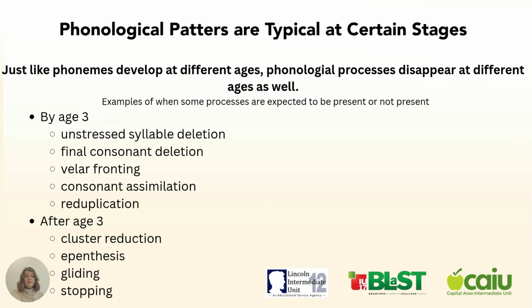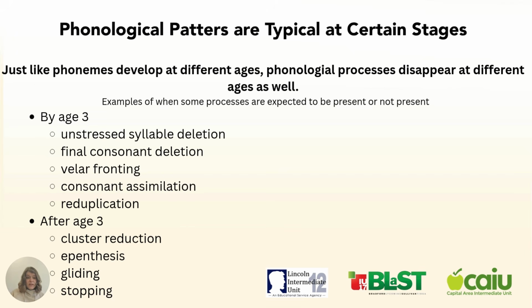And the final consonant deletion and things like that are disappearing by age 3. If you might be wondering what is unstressed syllable deletion, that's like when we have banana and kids are saying nana instead of banana, right?